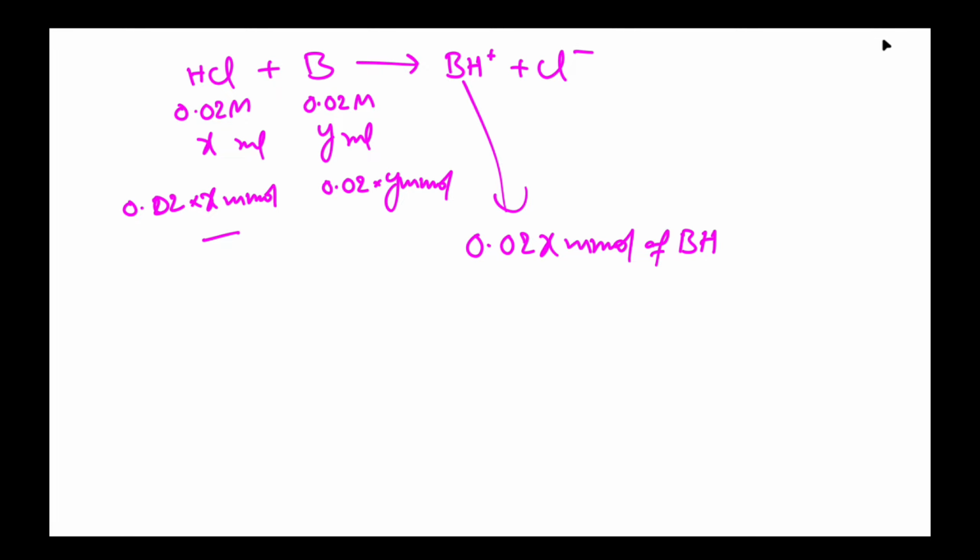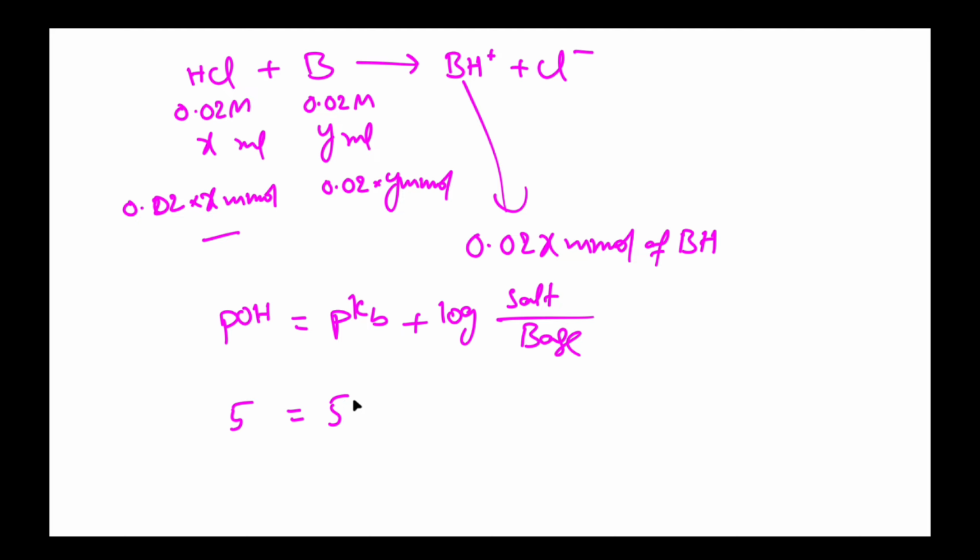So we know very well that pOH is equal to pKb plus log salt by base. The pOH given is 5, so 5 is equal to 5.699 plus log salt by base.